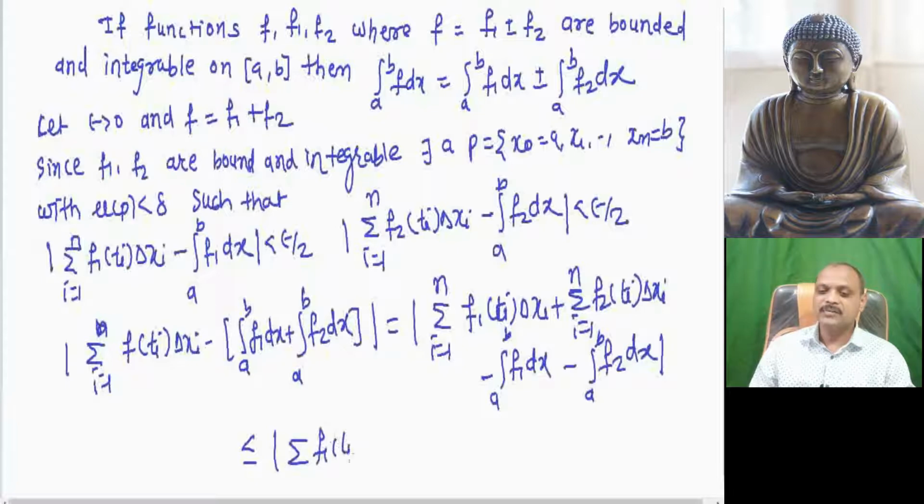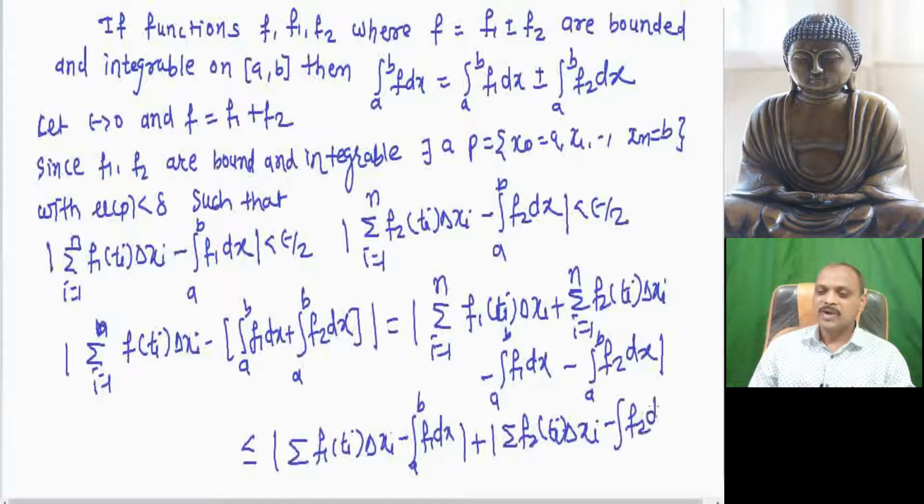We get mod of the summation of f1 of ti into delta xi minus the integration of f1 from a to b, plus mod of the summation of f2 of ti into delta xi minus the integration of f2 between the limits a to b.